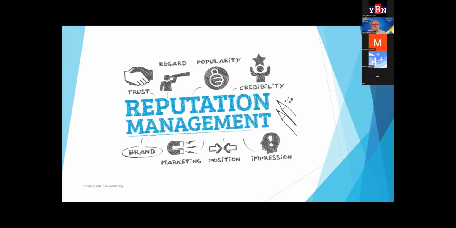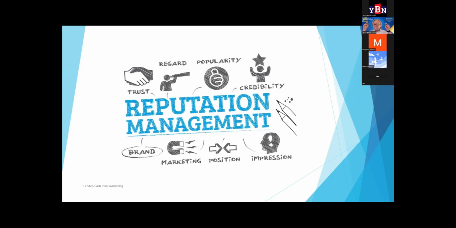So reputation management is a complex idea about building that trust, making sure that when people are looking for your business category that they find you. It's about your popularity. It's about your credibility. It's about how you're positioned compared to the competition.